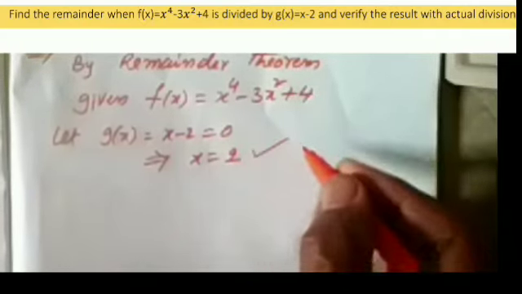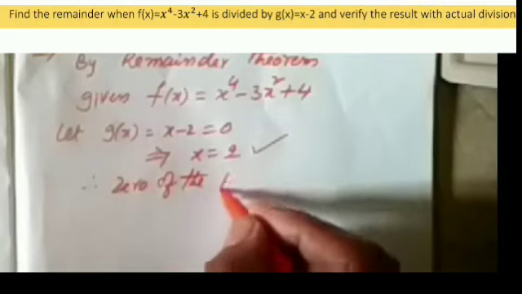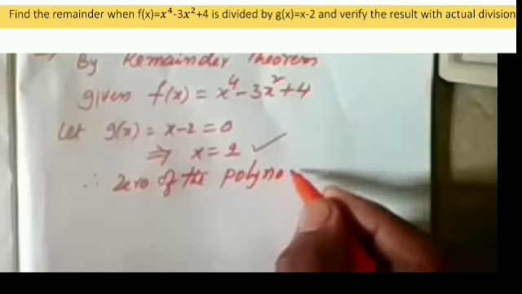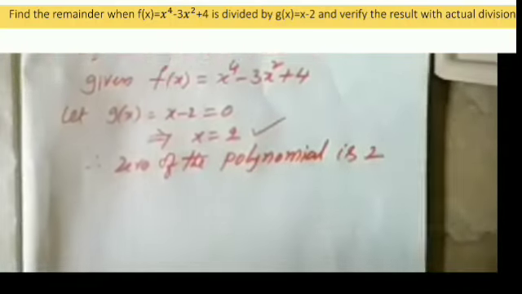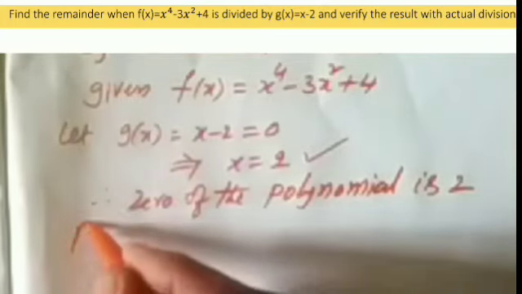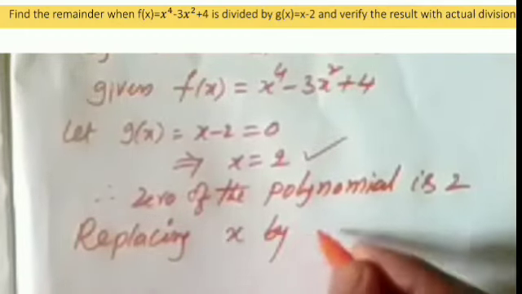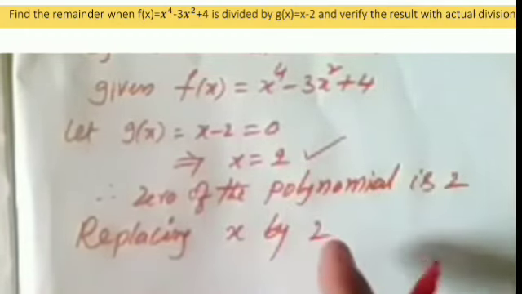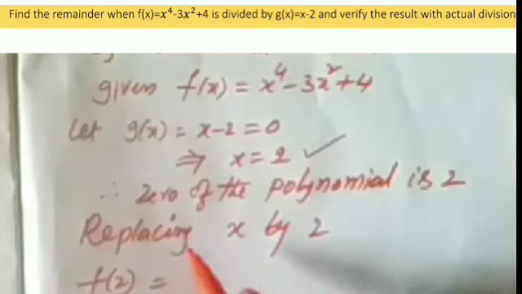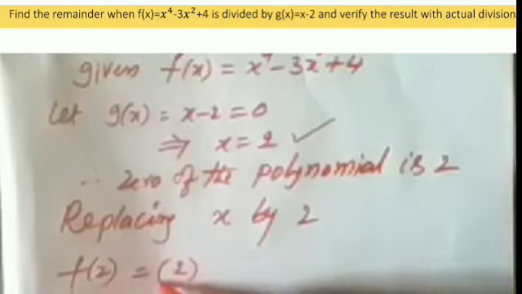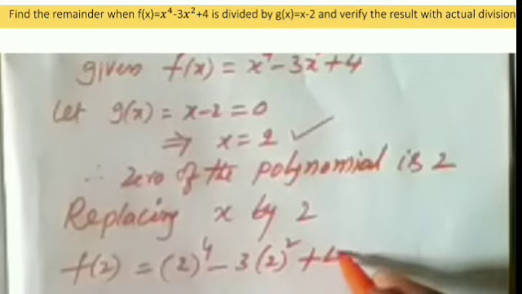So f of 2 equals 2 power 4 minus 3 into 2 square plus 4.